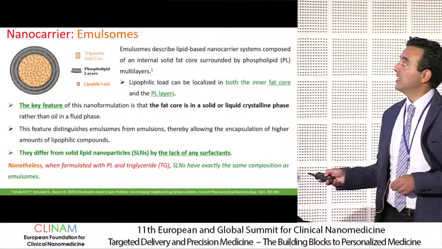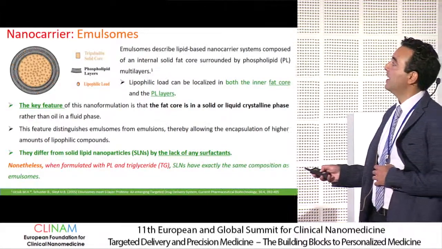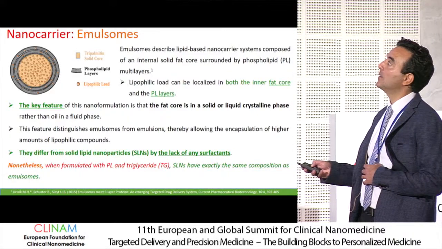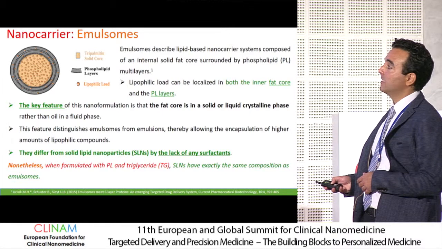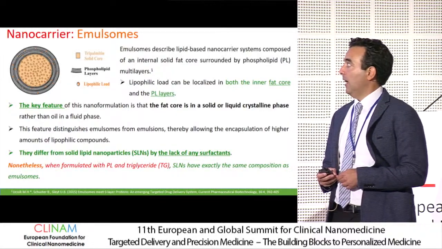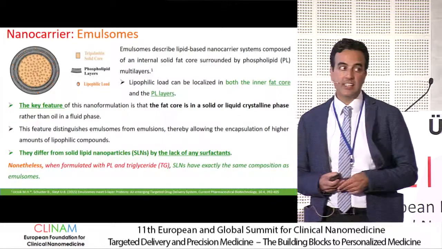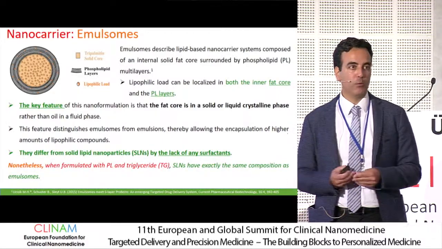This feature in particular distinguishes these from conventional emulsions and allows the encapsulation of higher amounts of lipophilic compounds within the solid matrix. They differ from solid lipid nanoparticles by the lack of any presence of surfactants. Nonetheless, when formulated with phospholipid layers and triglycerides, SLNs have exactly the same composition.